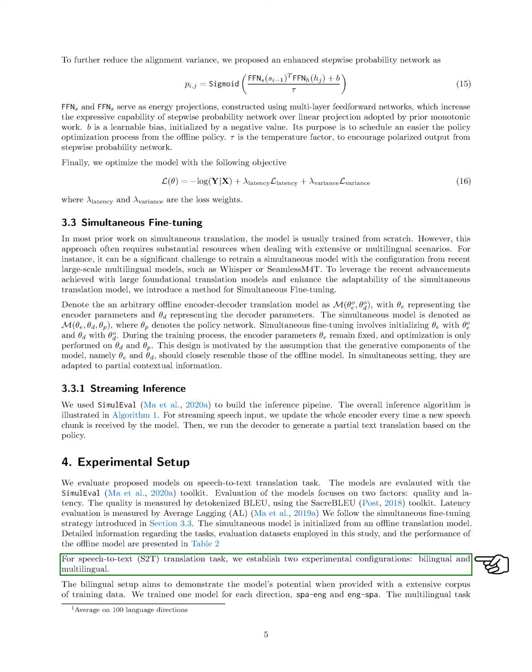For the speech-to-text translation task, we set up two experimental configurations: bilingual and multilingual. The bilingual setup was designed to show the model's potential when given a large amount of training data. We trained one model for each direction, Spanish to English and English to Spanish. The multilingual task was designed to show the model's ability to quickly adapt from an existing large-scale multilingual translation model, called Seamless M4T.